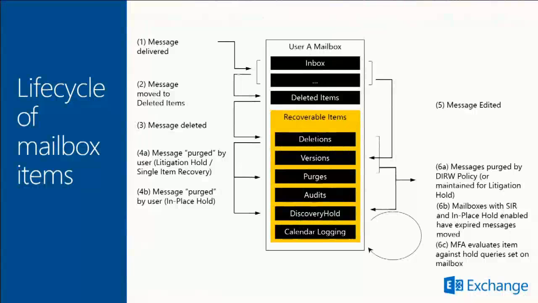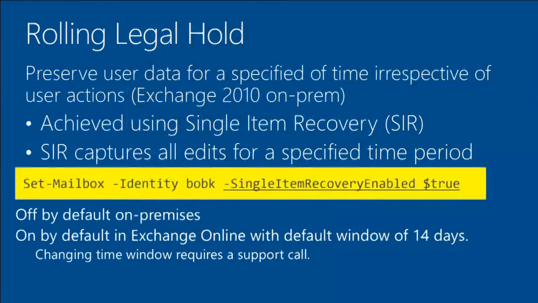So that's how this whole immutability works, how we preserve deleted items, how we manage versions without impacting the user experience, and still surfacing this in e-discovery. If you had Exchange 2010 on premises instead of Exchange 2013, then there is no time-based hold.